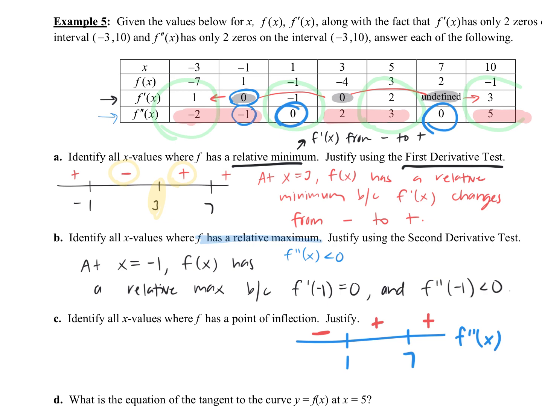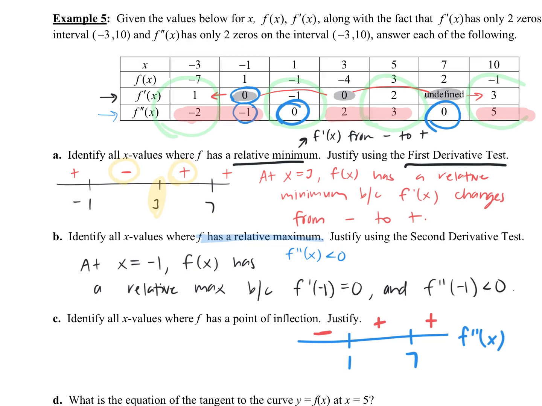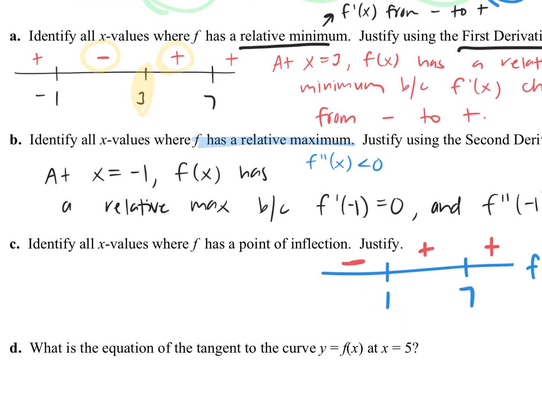And again, my second derivative has to change signs in order for the point of inflection to exist. There are possible points of inflection, but they aren't necessarily points of inflection unless they change signs. So what's the only point that you're going to have here on this table? 1, right?